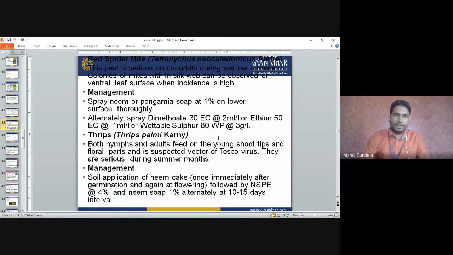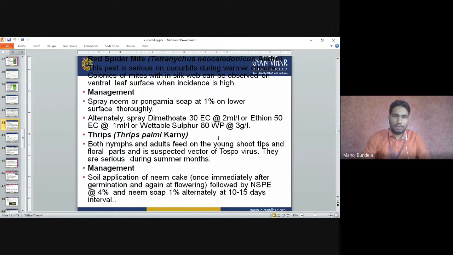Red spider mite: this pest is serious on cucurbits during warmer climate. Colonies of mites with a silk web can be observed on the ventral leaf surface when incidence is high. Management: spray neem or pongamia soap at 1% over the lower surface thoroughly. Alternate spray of dimethoate 30 EC at 2 ml per liter of water.